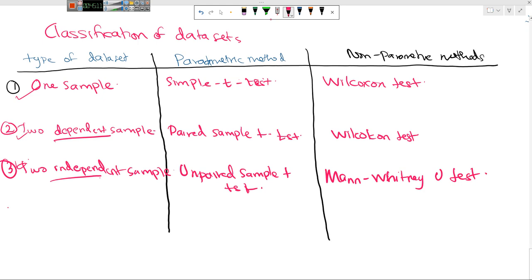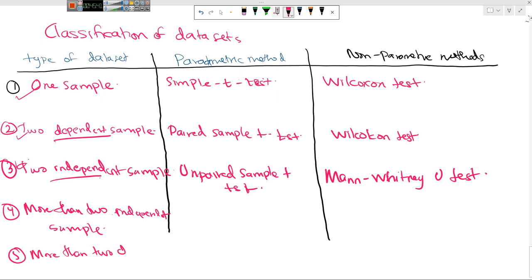So the fourth category is more than 2 independent samples, and the fifth one is more than 2 dependent samples.